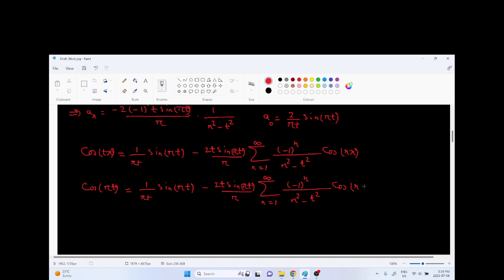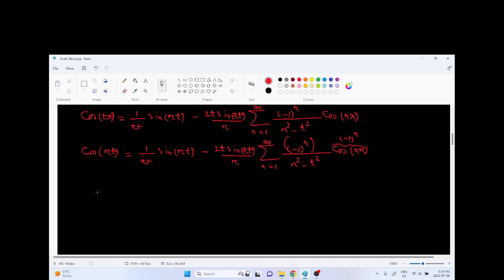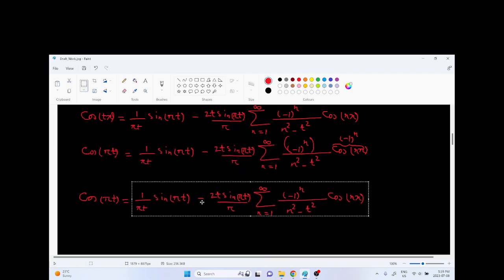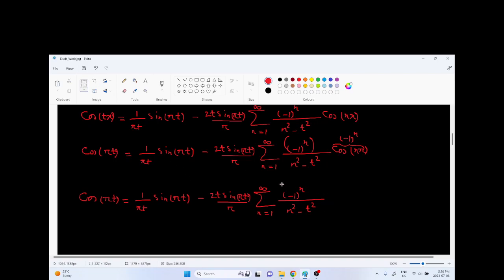So we get a cosine of n pi there, which is -1 to the n, and it makes a 1 with this other factor of -1 to the n. So finally, for cosine of pi t, we get 1 over pi t sine pi t minus 2t sine pi t over pi times the series, and this just becomes 1 over n squared minus t squared.